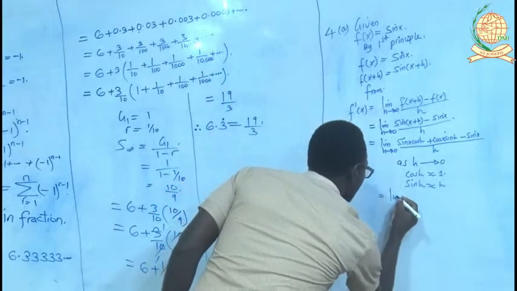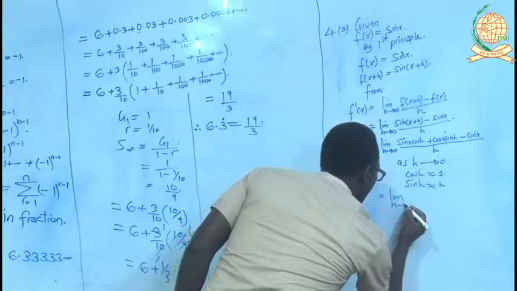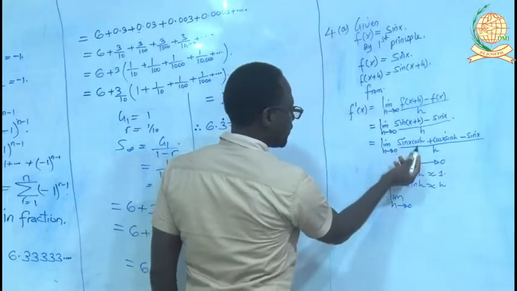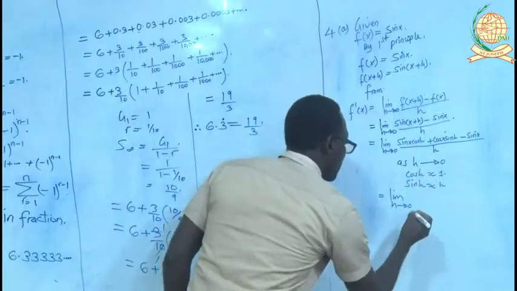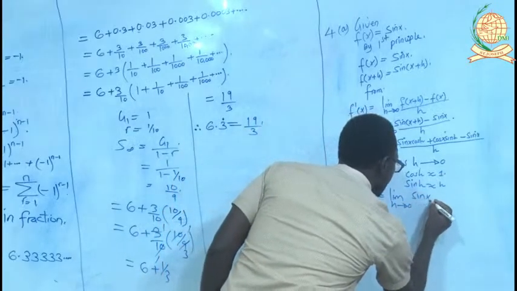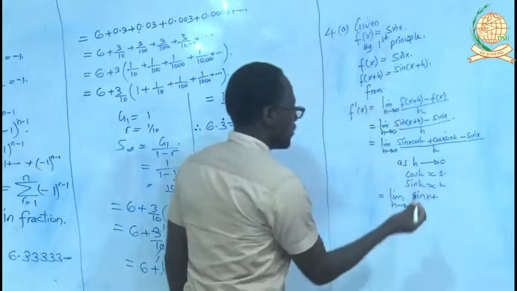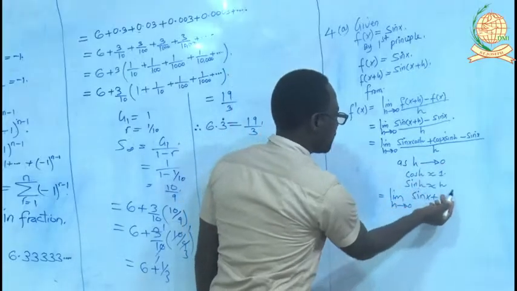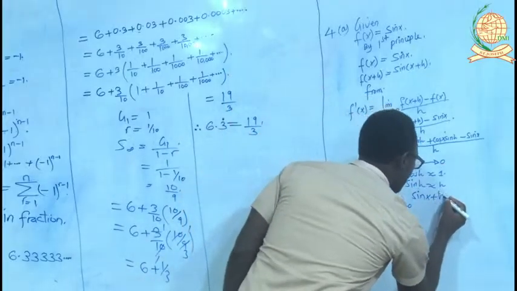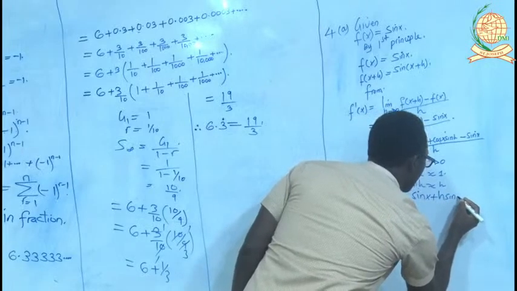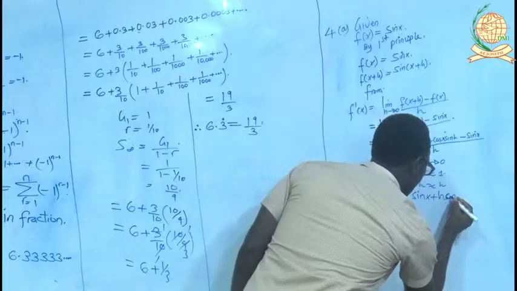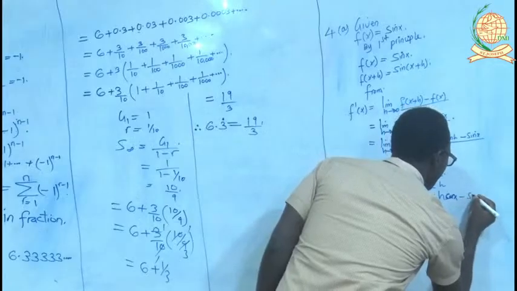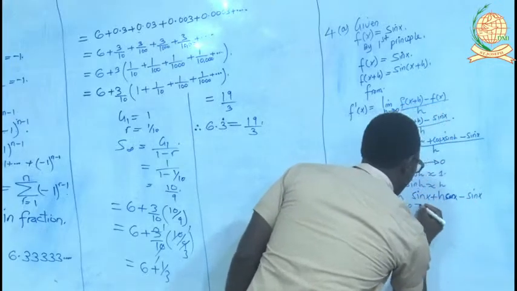There will be limit h goes to 0. Now sine x cos h, cos h is equal to 1, so it will remain as sine x plus cos x sine h. As h goes to 0, sine h is equal to h, so there we are going to have h cos x, then minus sine x divided by h.